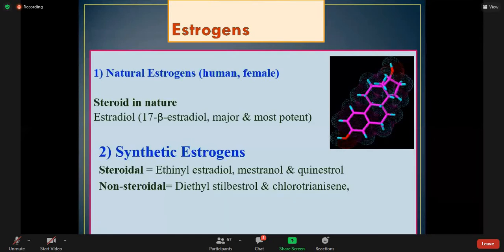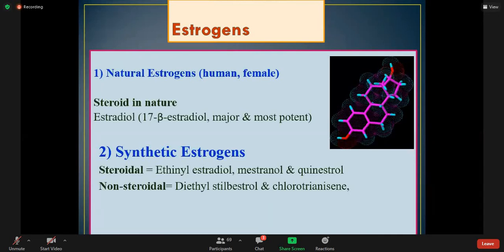These ovarian hormones, estrogen and progesterone, this is an important point, are steroids, right? So why is it important to know that these are steroids? Because of the mechanism of action. If any preparation is steroidal in structure, how are they going to produce their activity, and at which level?